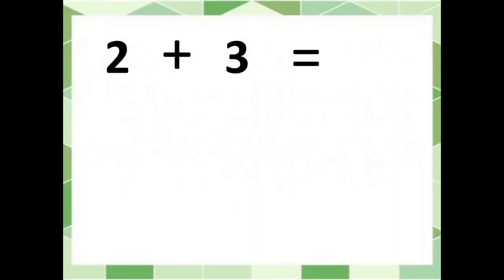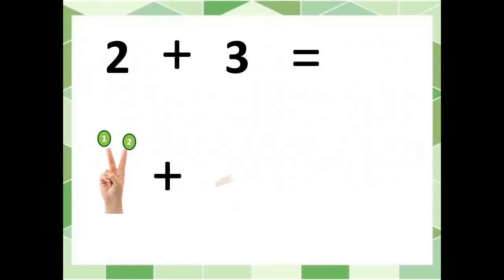Children, mostly while counting or adding numbers, we make use of the fingers of our hands. So let's count on fingers. Children, the first number is 2. So let's take 2 fingers, 1 and 2, plus the other number is 3.